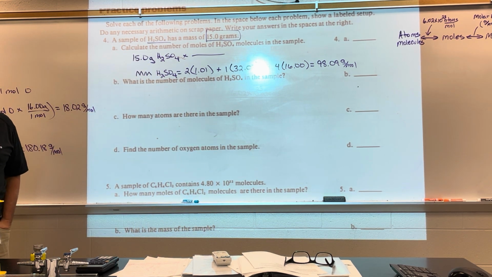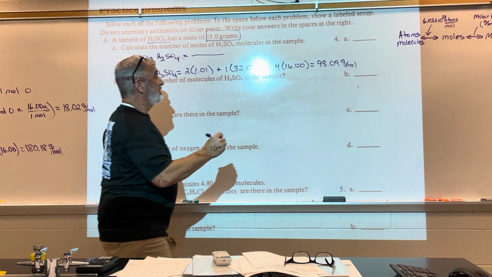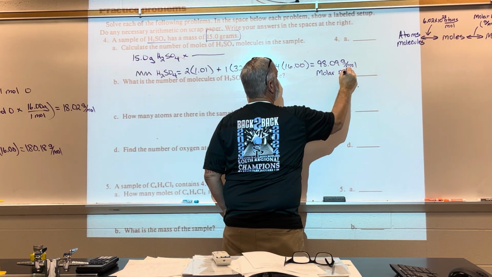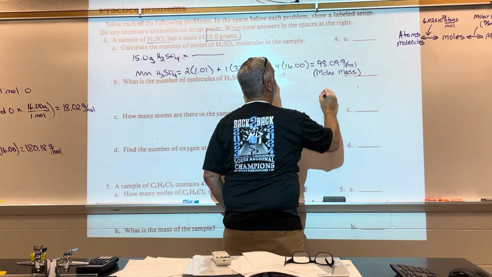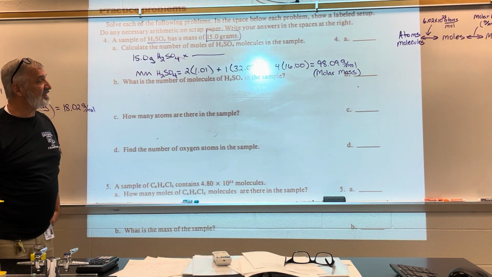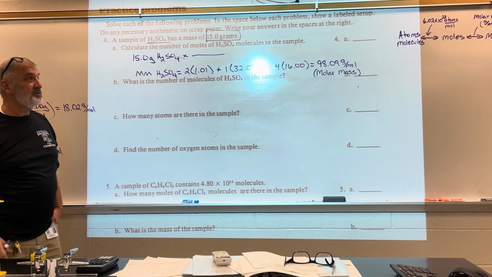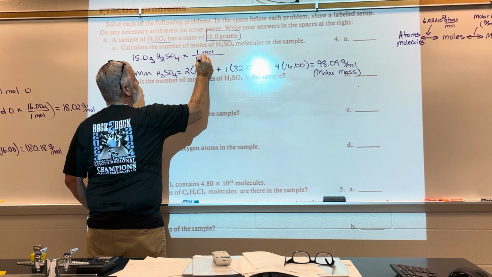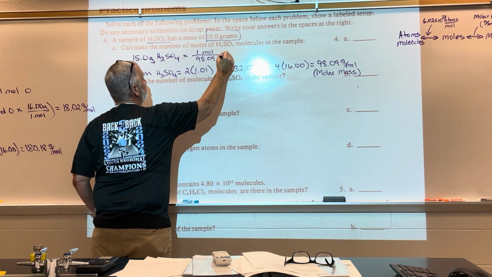So that's my molar mass. So I had to go and calculate this. So where does that go? Now it's going to say 98.09 grams.